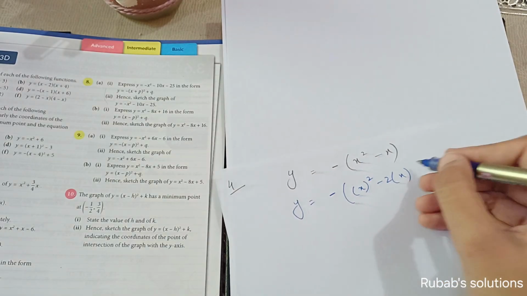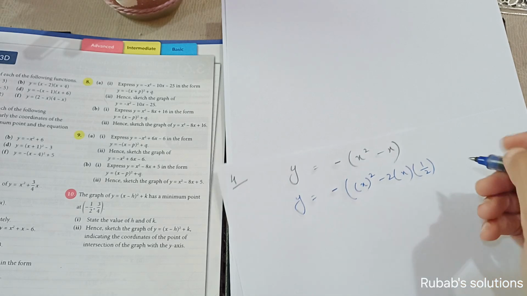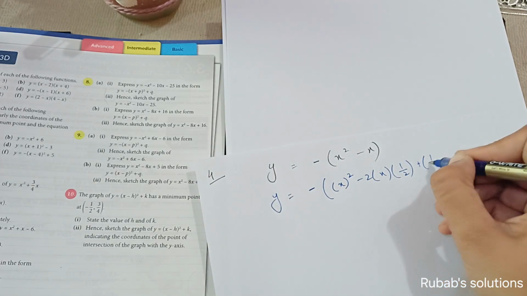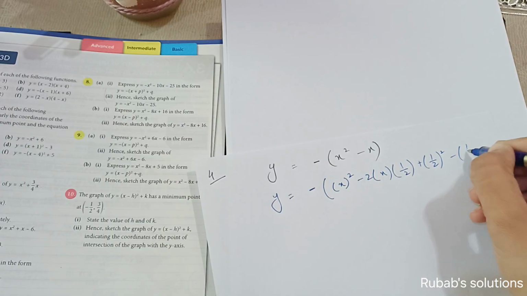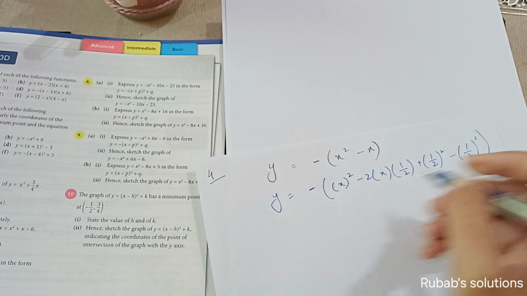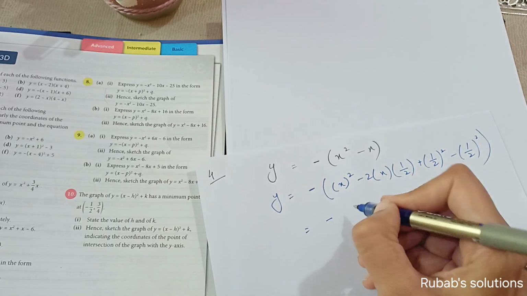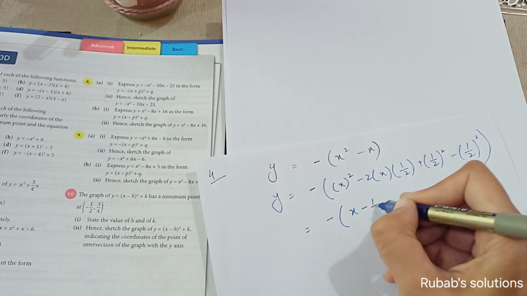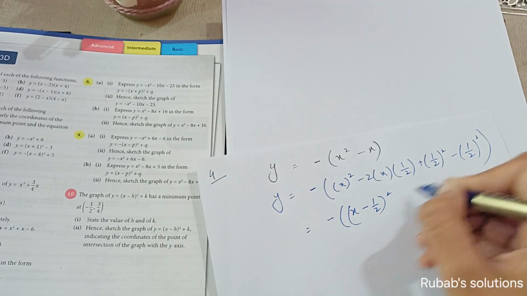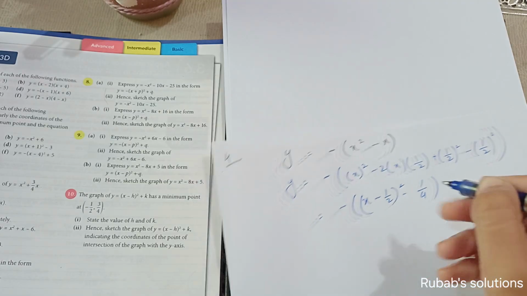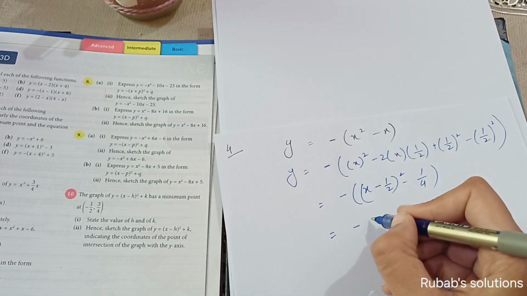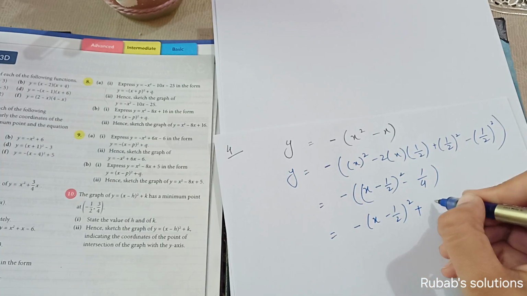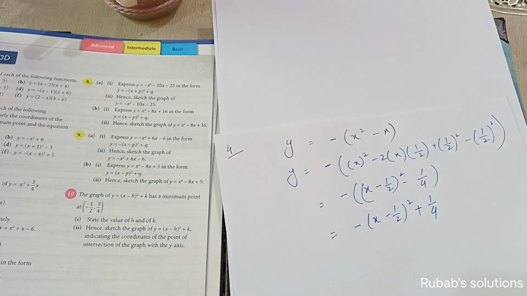Obviously I have to divide, so it will be 1 by 2, because this and this cancel and I'll get x. So add and subtract 1 by 2 square. Now it will become x minus 1 by 2 whole square, minus 1 by 4. So from here it is minus (x minus 1 by 2) square; this minus and minus will become plus, and it is 1 by 4.